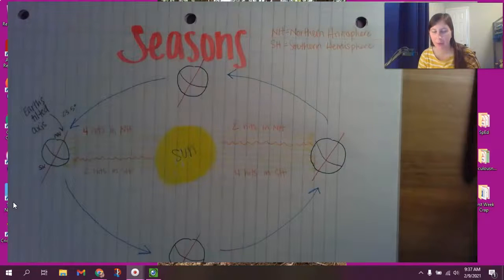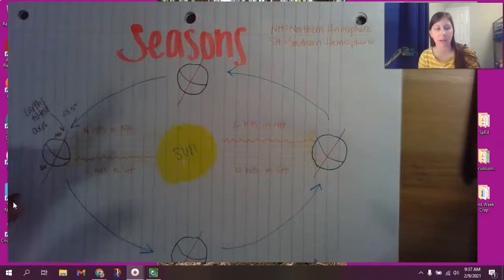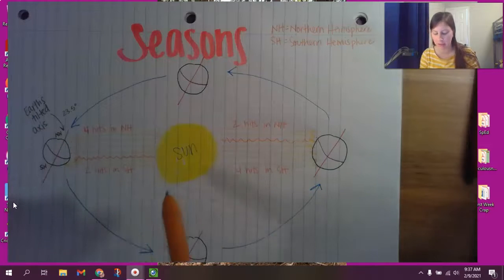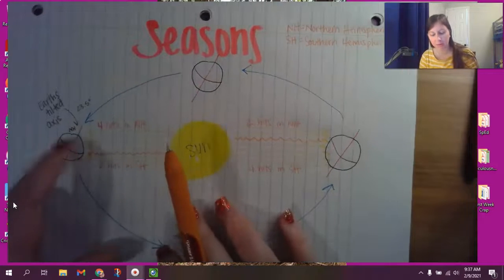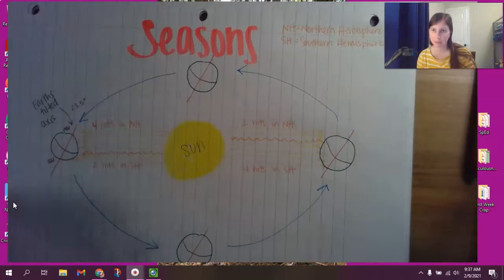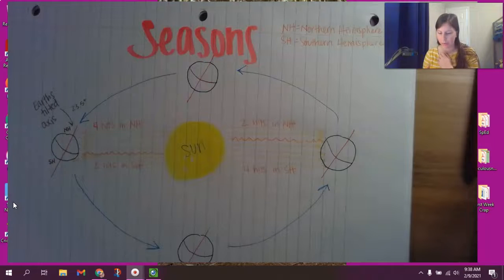So, thinking back to our Gizmo that we did last week, we talked about how the more hits that a plate got, the hotter the plate would get. It's going to be the same thing here. So our northern hemisphere here got 4 hits, 4 rays from the sun. And our southern hemisphere only got 2.